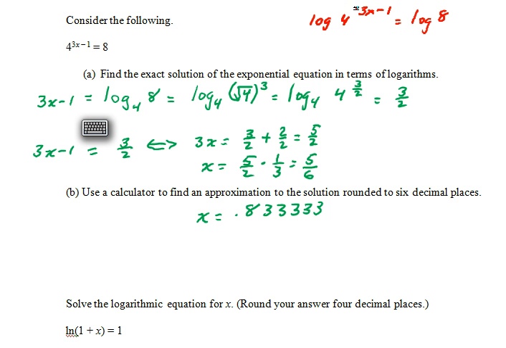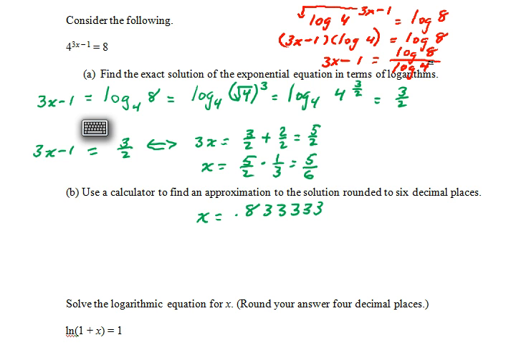Then we can use the power rule that says 3x minus 1 times the common log of 4 would equal the common log of 8. And then we could have 3x minus 1 equals common log of 8 divided by common log of 4. And notice that gets us right back to where we were here.